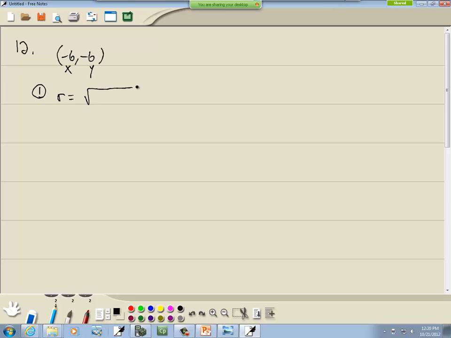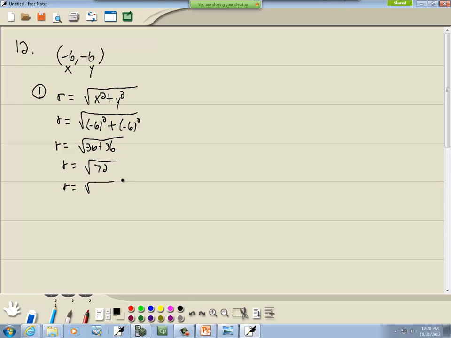So we got r is equal to the square root of x squared plus y squared, which is -6 squared plus -6 squared, which is 36 plus 36. 36 plus 36 is 72, which is 36 times 2, which is 6 times 6 times 2. With a square root, we're looking for a pair of numbers, so this pair of 6 is going to come out. And we got 6 square root of 2.